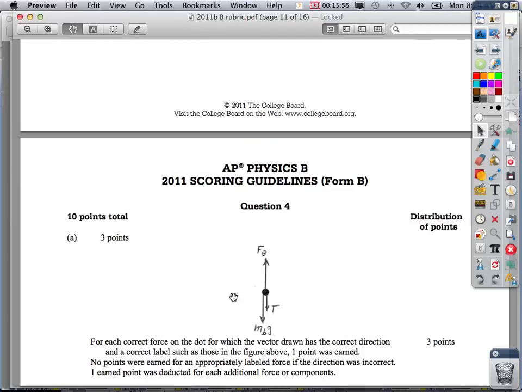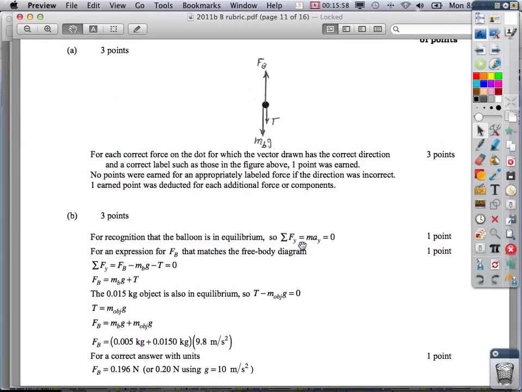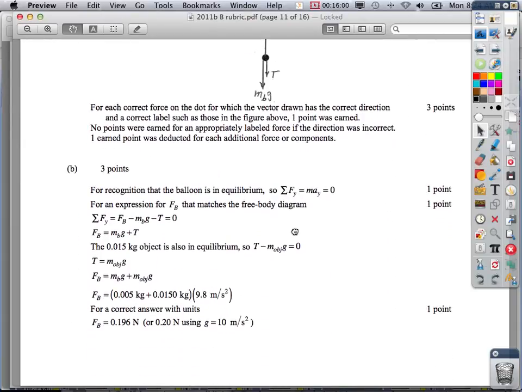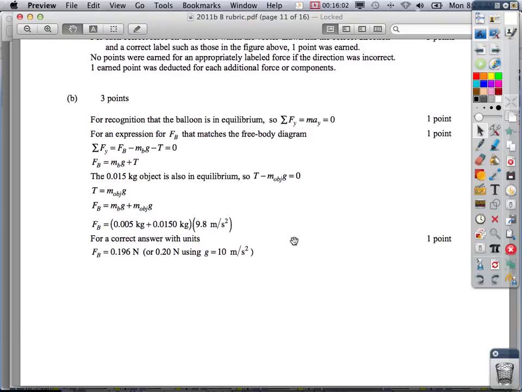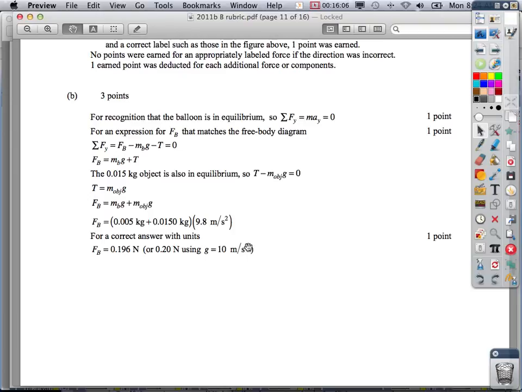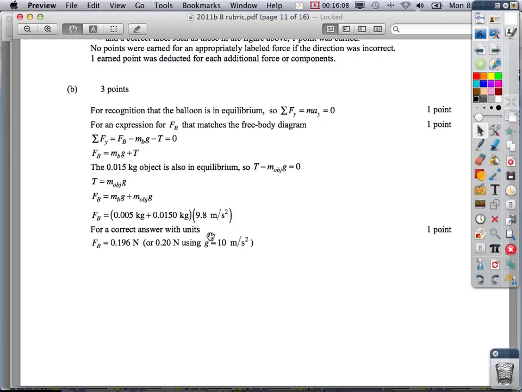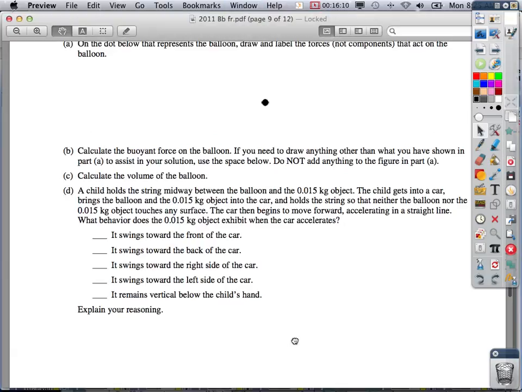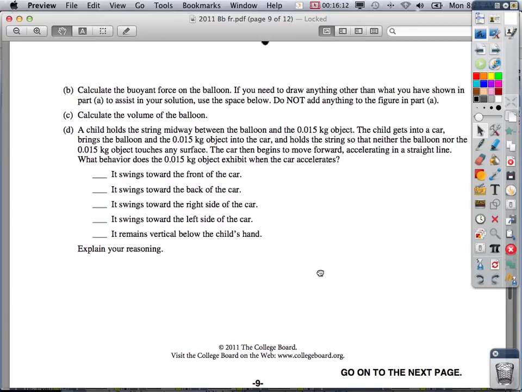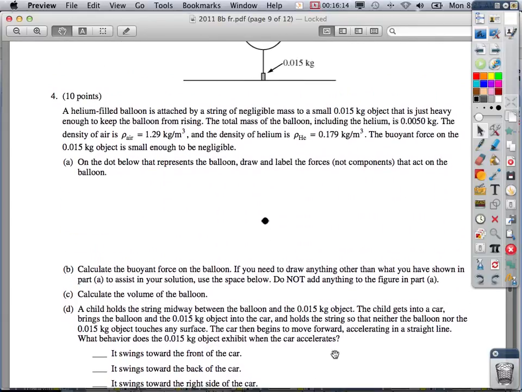Okay, that's fine. Yeah, it's around 0.2. On these tests, just use 10 for gravity. It makes life a lot easier. Okay, then calculate the volume of the balloon.